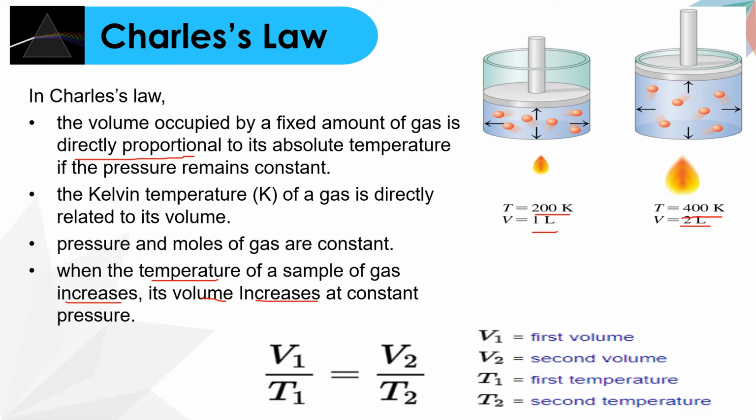Now, the general formula for Charles' law is V1 over T1 is equal to V2 over T2. Kagaya nun sa Boyle's law, V1 represents initial volume, yung V2 naman is the final volume, T1 naman represents temperature, so this would be initial temperature, and T2 would be the final temperature.